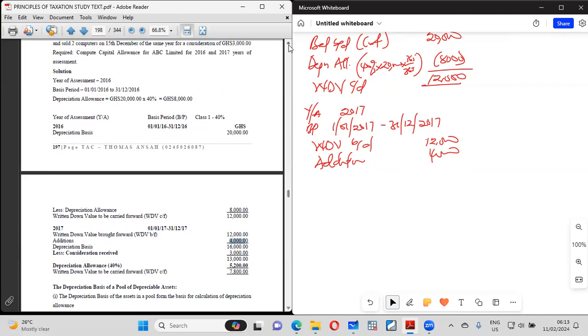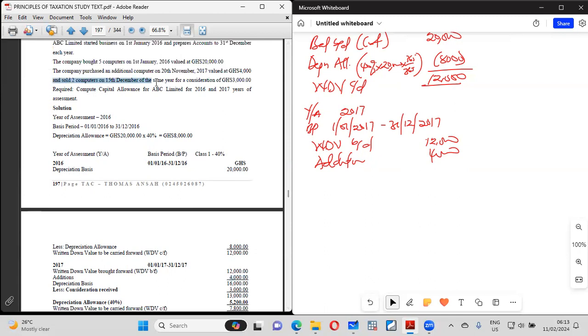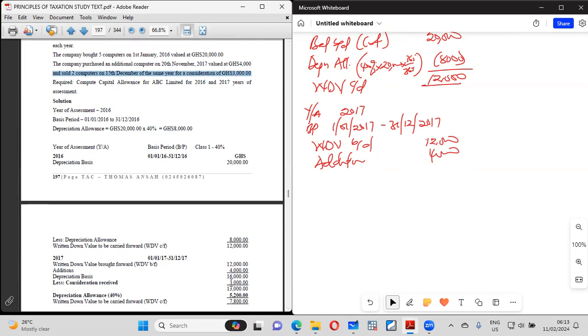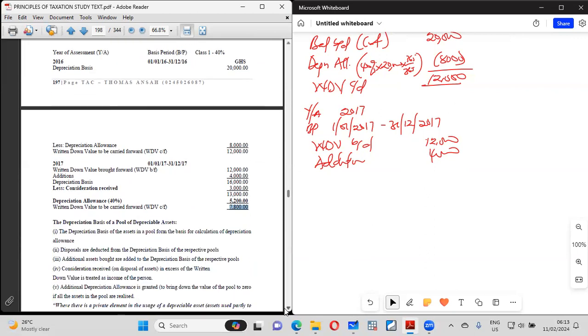The question also said that in that same year, they sold 3,000. So you deduct the 3,000. So as you see, 16,000 minus 3,000 will give you 13,000. Then the 13,000 is what you calculate the depreciation allowance on, and you get this, and here you go. All right. So basically that is that. So we will be solving the bigger picture, so that you will see how these things go. All right, you see it.